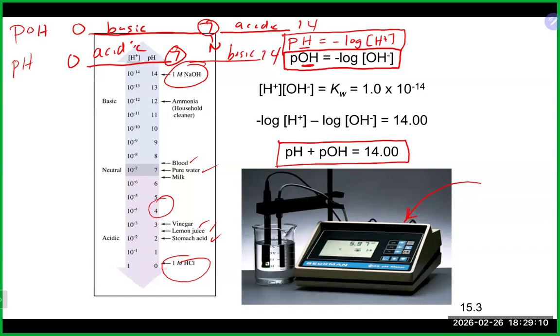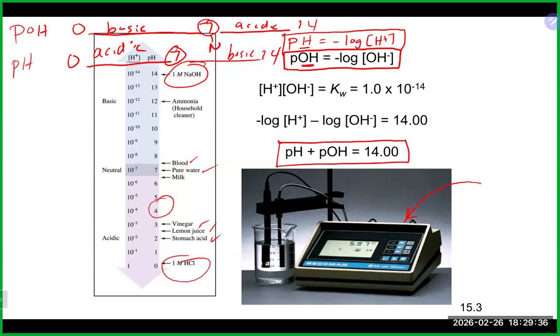Now, when you're asked a question, for example, is this solution acidic, basic, or neutral? By the way, when you are asked that question, there is only one answer. The solution cannot be acidic and basic at the same time, although in a lot of exams and quizzes, I have seen that answer. I've never seen anybody give all three.